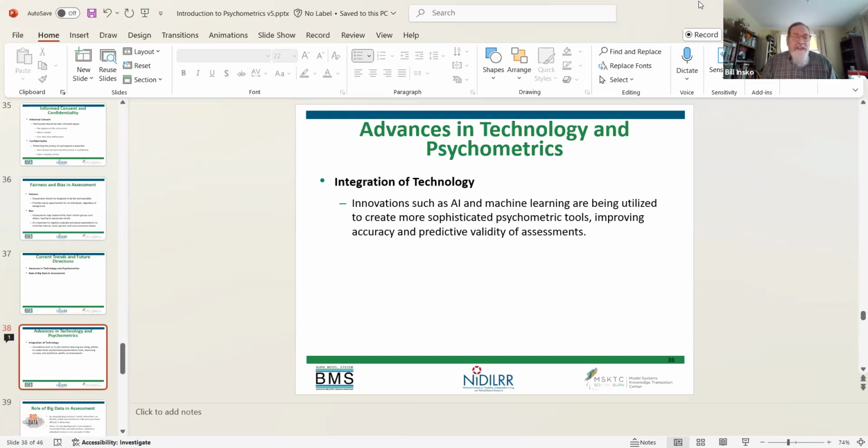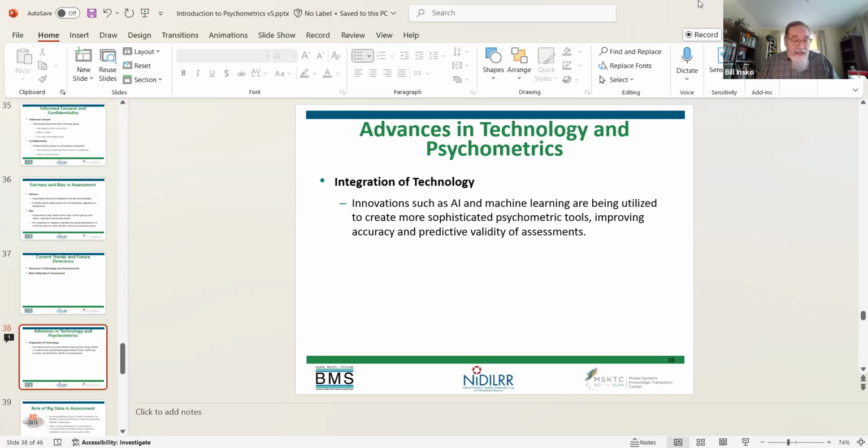I know people are using it, but for example, you could use AI to take a first crack at writing an item, but there's very strict policies in terms of getting permissions to use items. They're copyrighted. Usually have copyright material, and if you have copyright material and you're giving an item, you're taking chances if you haven't gone through the proper channels there.